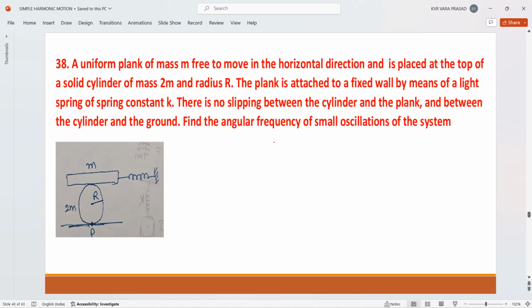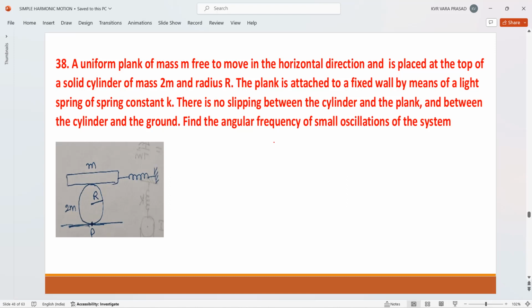The plank is attached to a fixed wall by means of a light spring of spring constant K. There is no slipping between the cylinder and the plank and between the cylinder and the ground. Find the angular frequency of small oscillations of the system.